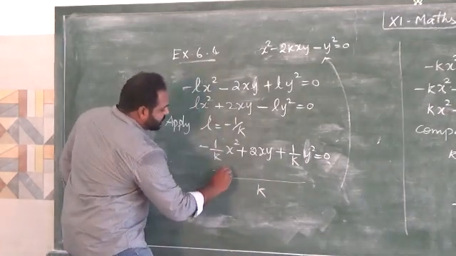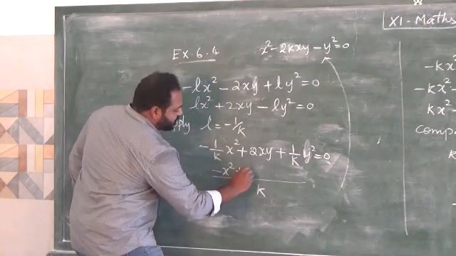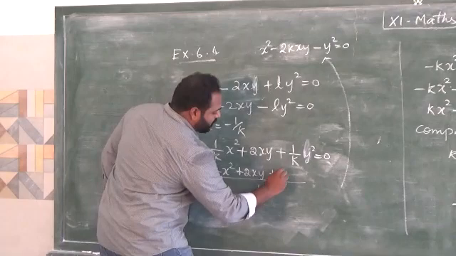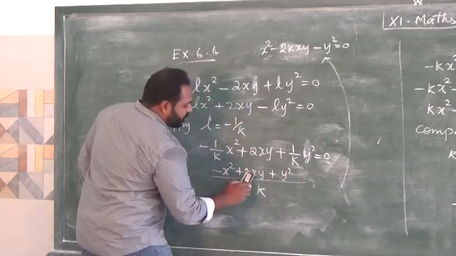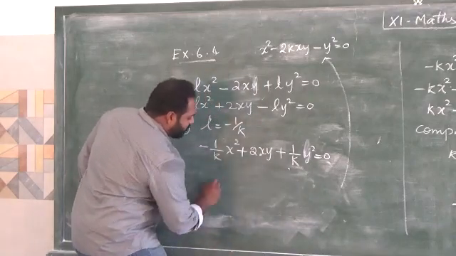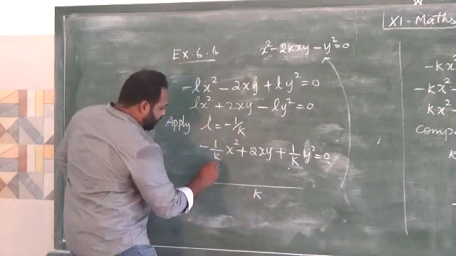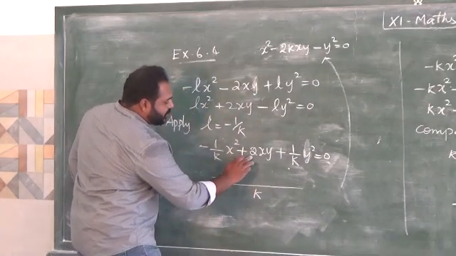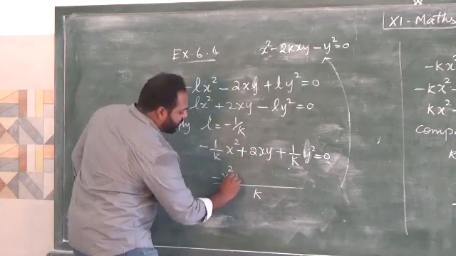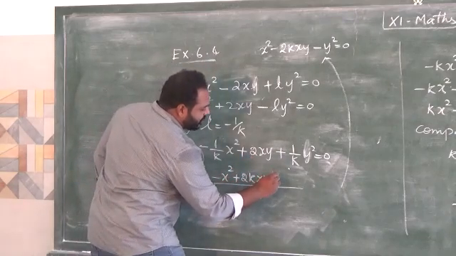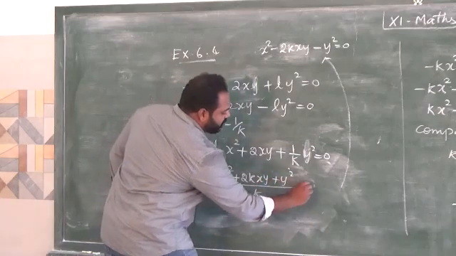So minus x square plus 2xy plus y square; taking k as the denominator, here minus x square, here there is no k, so we have to multiply with k, 2kxy plus y square equal to 0.